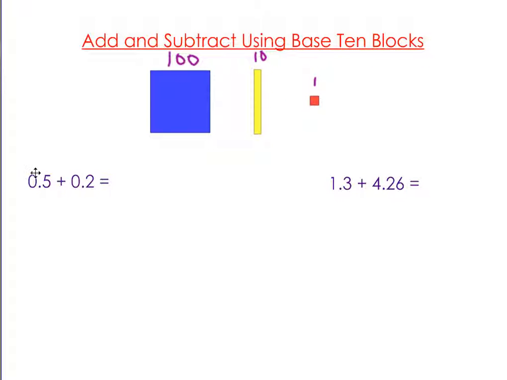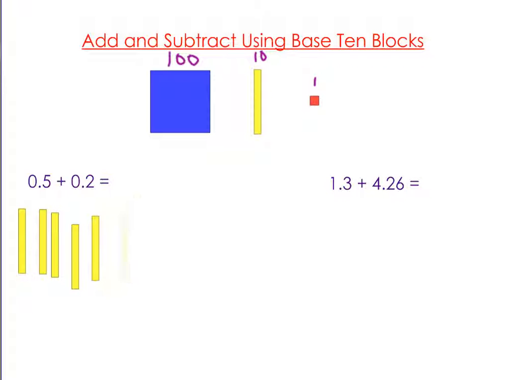Now, when we have 0.5, we read this as 5 tenths. So we're going to need 5 tenths. So that's 1, 2, 3, 4, 5. And we're going to add that to 2 tenths.